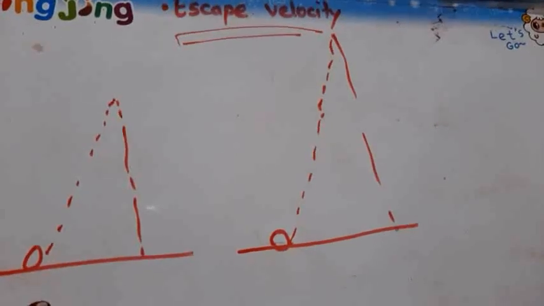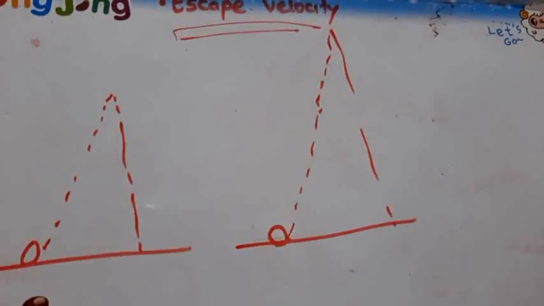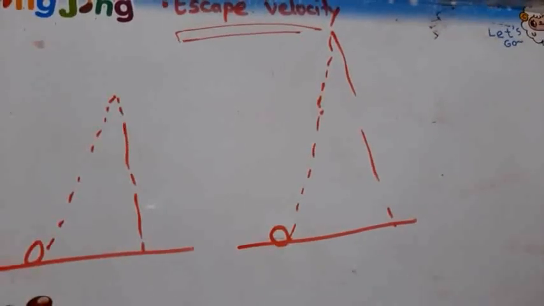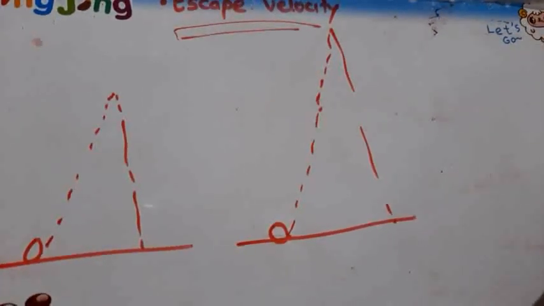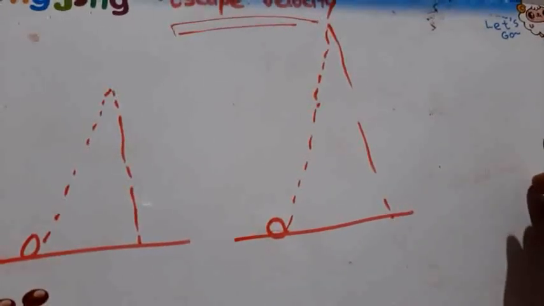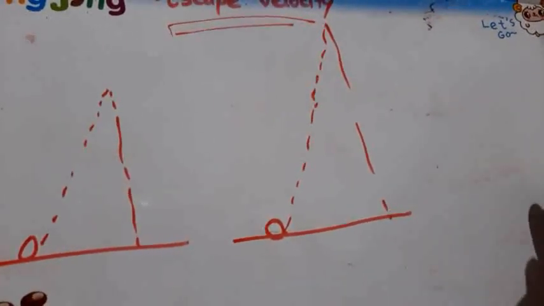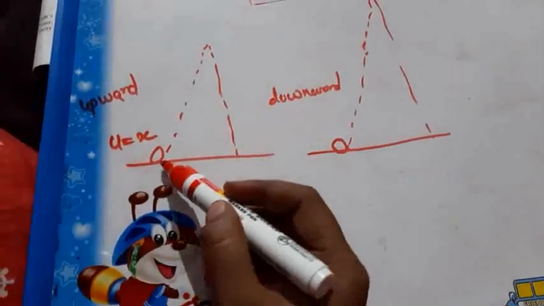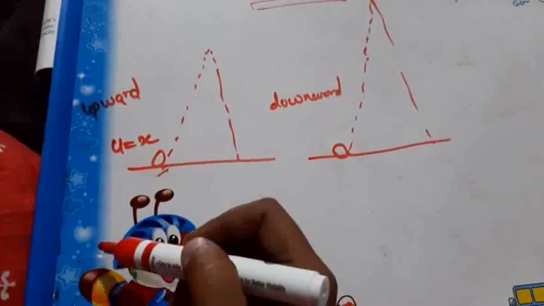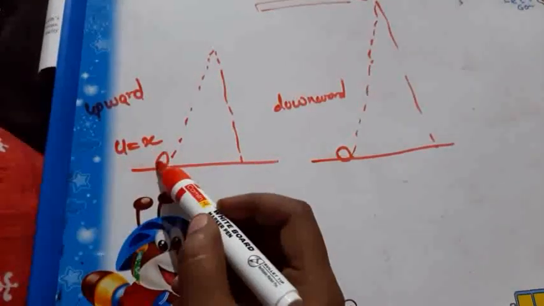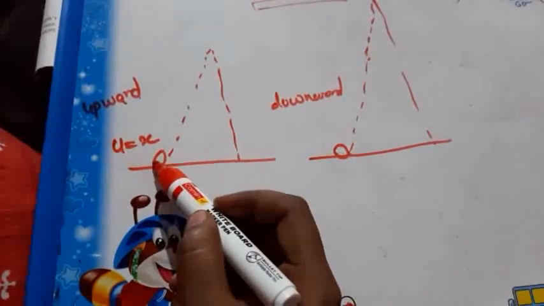Now the question is how to determine the value of that escape velocity, with which velocity the object should be projected so that it can go beyond the gravitational pull. For that, consider one example. Suppose I want to throw this ball in the sky. For that, I have to give some initial velocity to that ball.